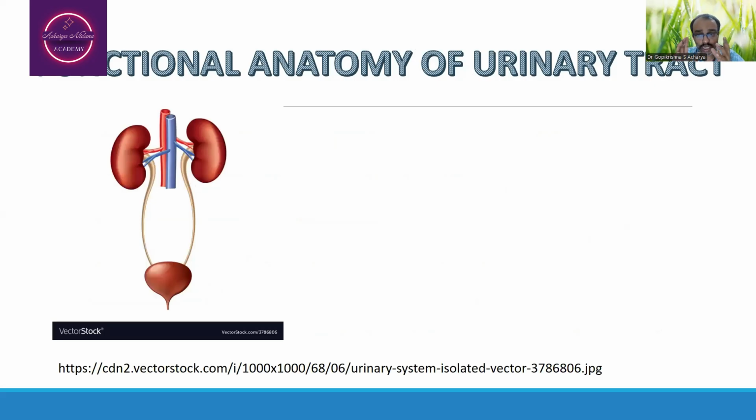As far as the functional anatomy of the urinary tract is concerned, it contains two kidneys, two ureters, one urinary bladder and one urethra. The one which is externally visible is only the part of the urethra.